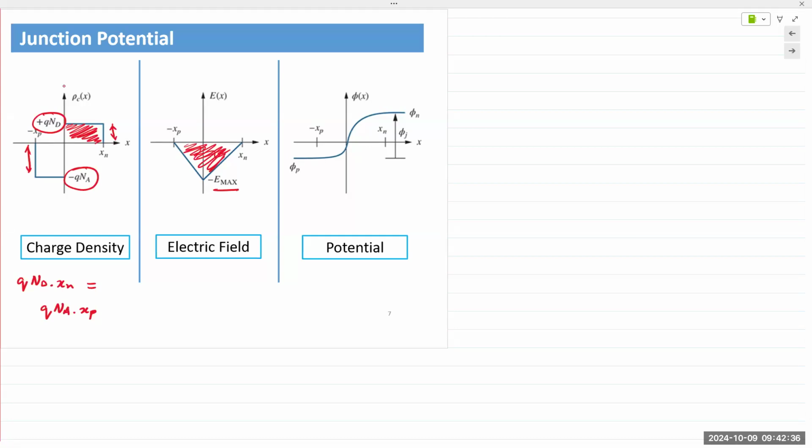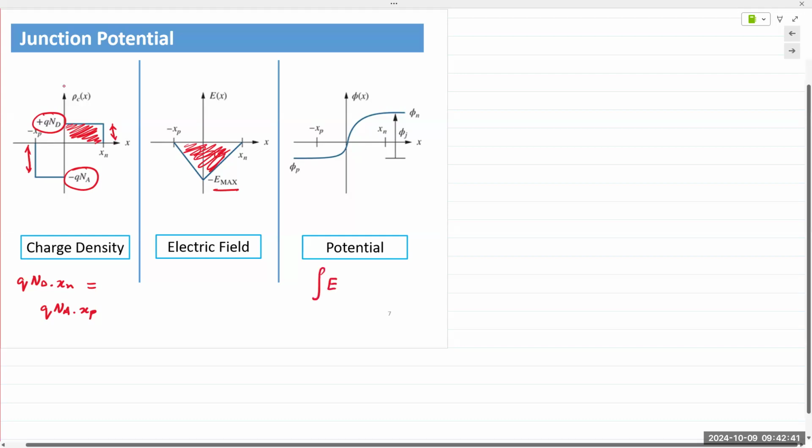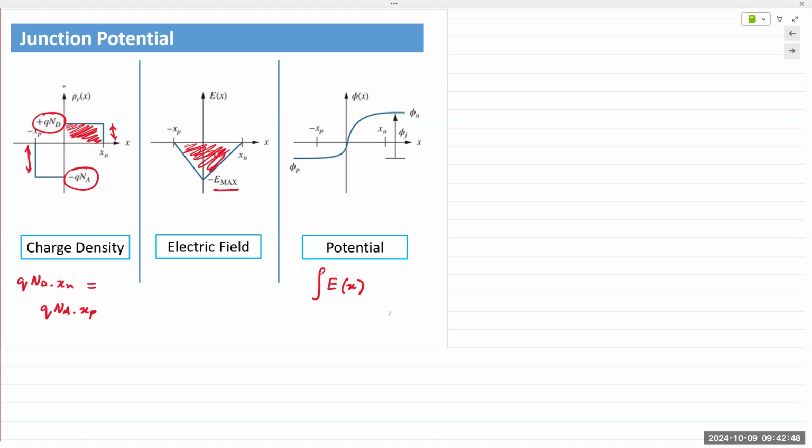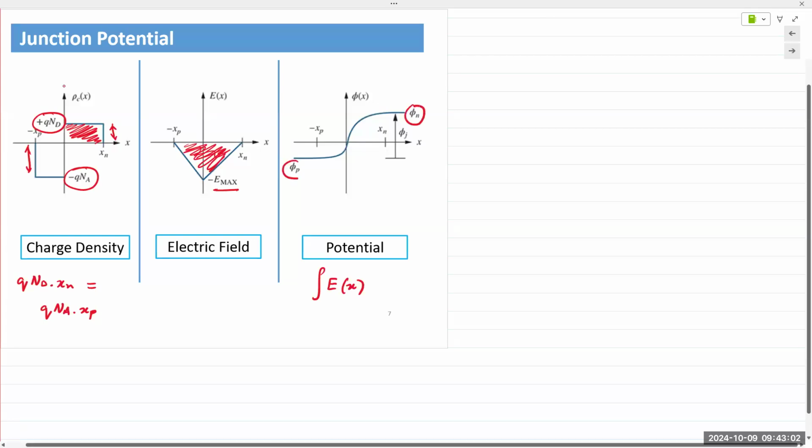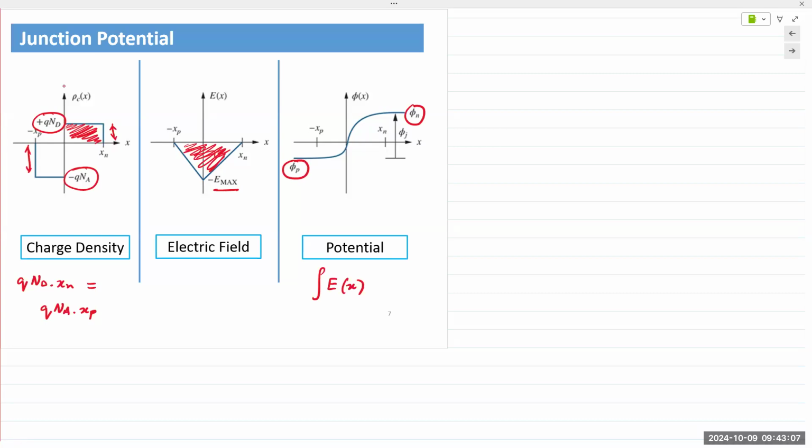Because it's an electric field, if we integrate it, we obtain what is known as the junction potential. Basically, the voltage present at the junction between Xn and Xp. Right here is the maximum value of the voltage on the p side.